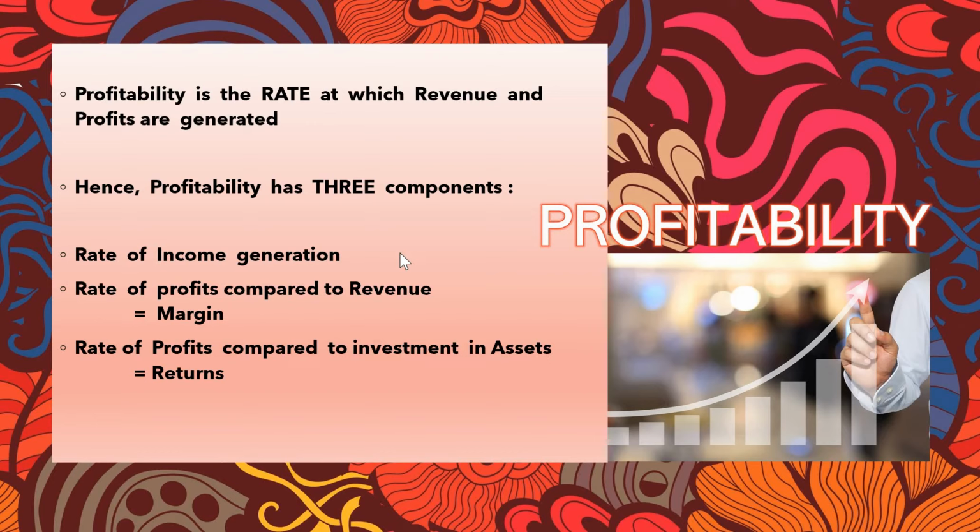Then I would explain to them profitability components. So usually we talk about profitability having three components: rate at which income is generated, comparing profits to revenue, comparing profits to investment, and stuff like that. Now, of course, if I was just talking about technical stuff like this, it might be difficult for people to follow.